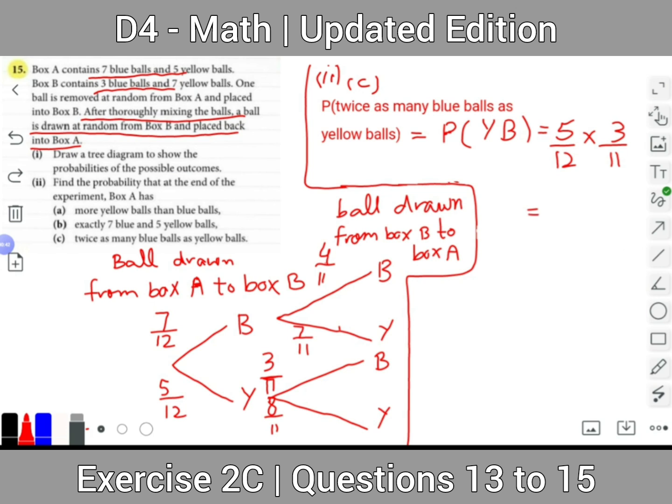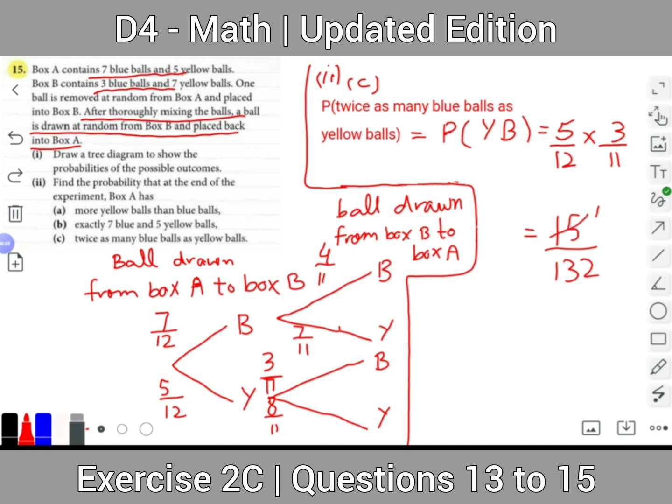Now we have 5 threes are 15, and 12 multiplied by 11 gives us 132. So now the probability that there are twice as many blue balls as yellow balls is 15 over 132.